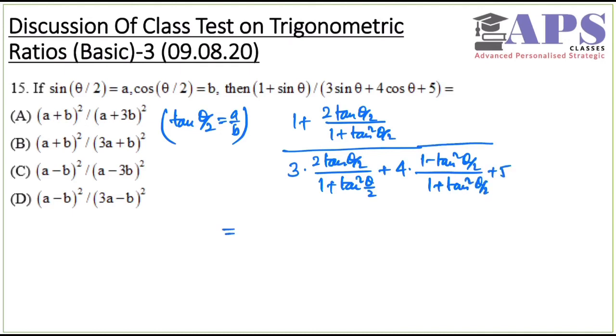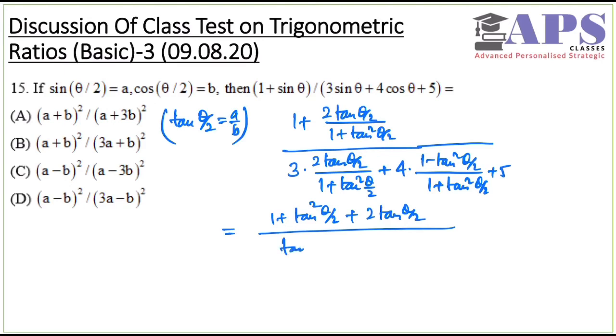Now if I take LCM, denominator will be cancelled and we will get 1 plus tan square of theta by 2 plus 2 tan of theta by 2 here, and in the denominator we will be getting 6 tan theta by 2 plus 4 minus 4 tan square theta by 2 plus 5 tan square theta.